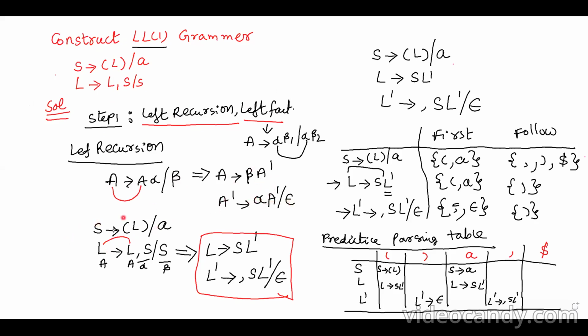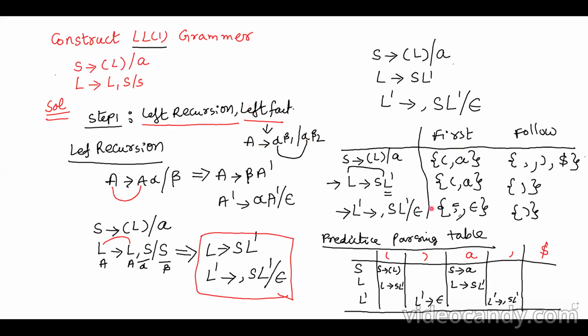In the first production there is no left recursion, but in the second production there is a left recursion, L tends to L. So we converted this into a non-left recursion grammar. But there is no left factoring in the given problem.